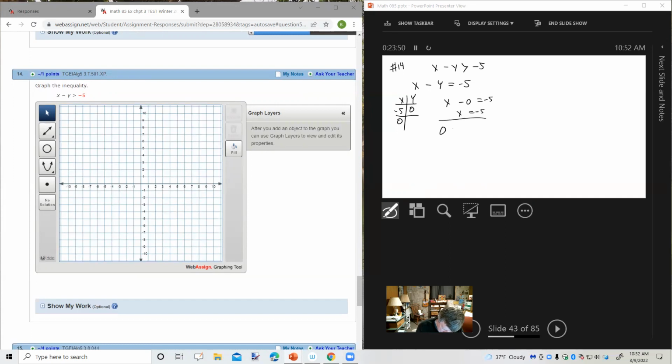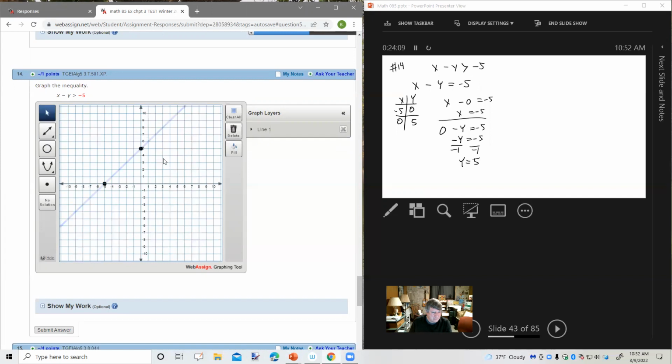If x is 0, 0 minus y equals -5. Divide both sides by -1, y equals 5. All right, so again, we're graphing a line. Let's see here, -5, 0, and 0, 5. My ordered pairs are correct.